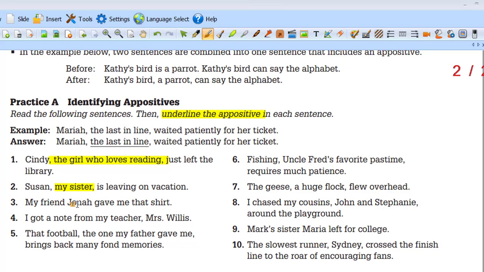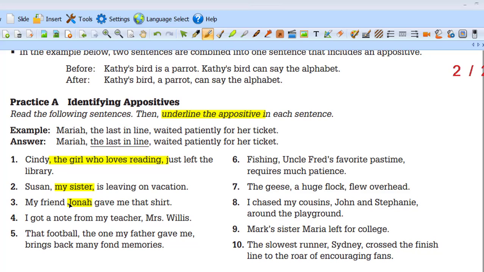My friend John. Not my friend Ahmed, not my friend Sulaiman, not my friend Yazan. No, my friend John. So John here, I'm talking about John. Not all my friends. So it's important. That's why we didn't use a comma here. Okay? But this is the appositive, John.